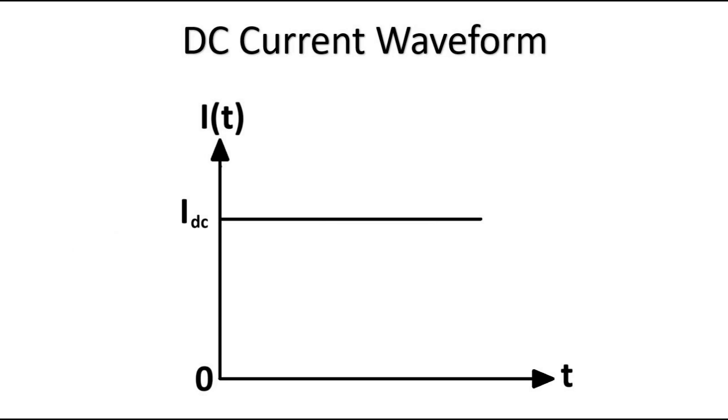It is not changing with time, same magnitude, and it remains constant with respect to time. Now suppose we change the situation. We draw the circuit something like this: minus plus, and the same resistor, this circuit.